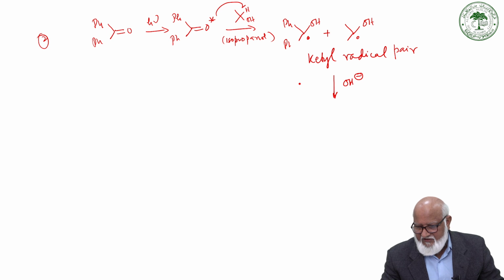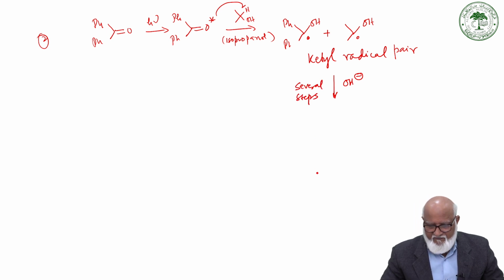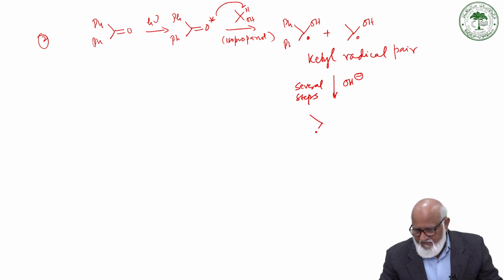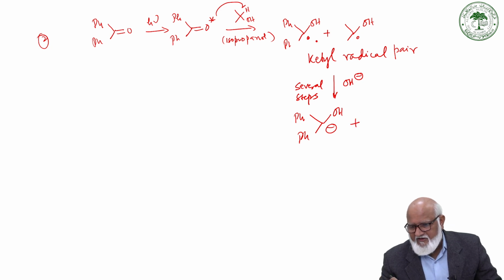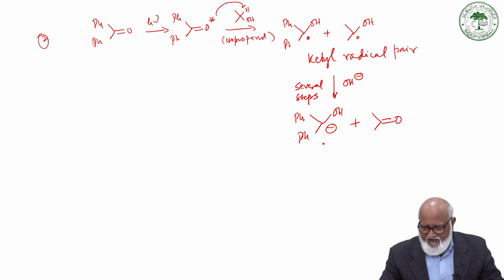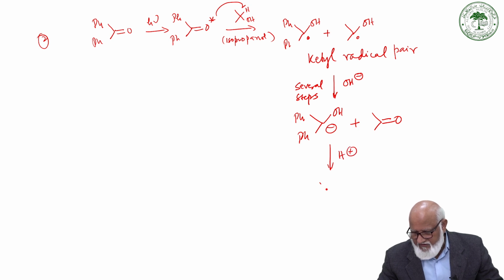Of course, there are several steps involved, which lead to the corresponding anion of this species, plus this will abstract a hydrogen atom, and then this is leading to acetone, and this can abstract a hydrogen H plus to give OH.